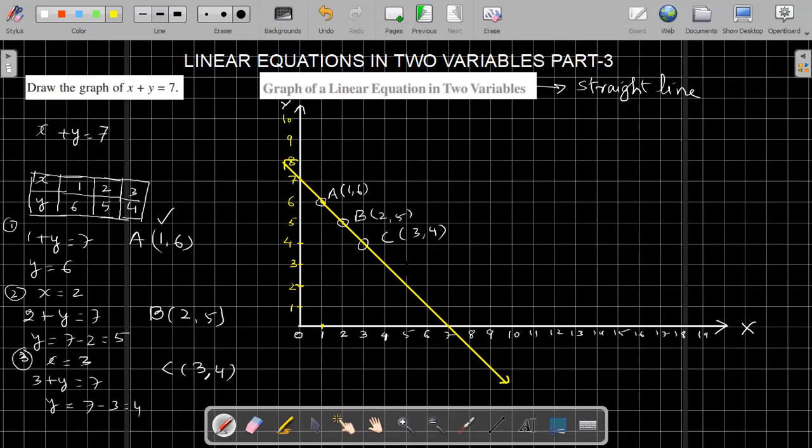So on this line, you should write the equation x plus y is equal to 7, like this. You can see here, they have done the same. It is cutting at 7.